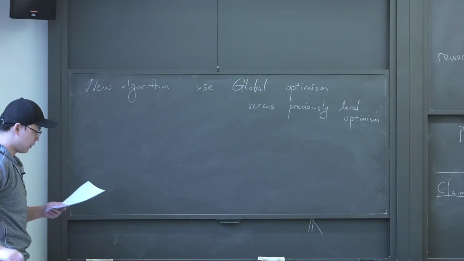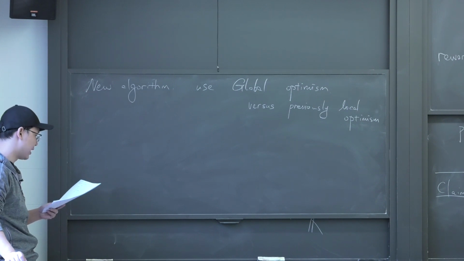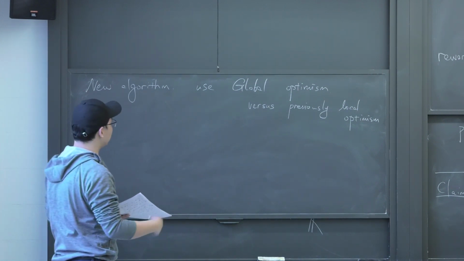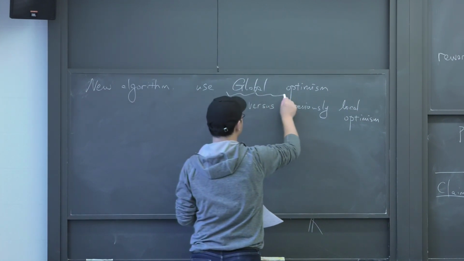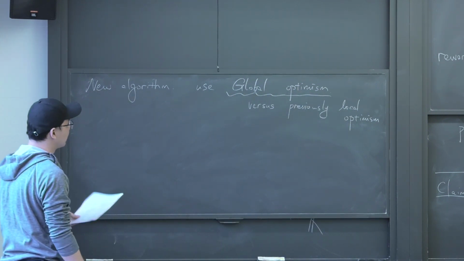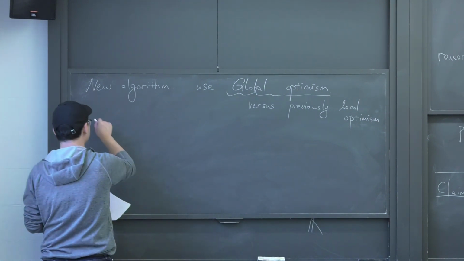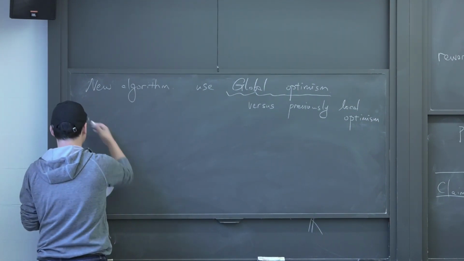So we will see more clearly what is global optimism and what is local optimism when we write out the algorithm. But for now, let's just say the whole new idea is this global optimism, and the entire algorithm evolved on that. And this actually comes with some trade-off. It's not always gain. There is something lost in this. So the new algorithm is called the ELEANOR algorithm.